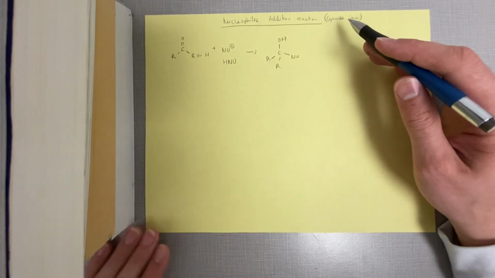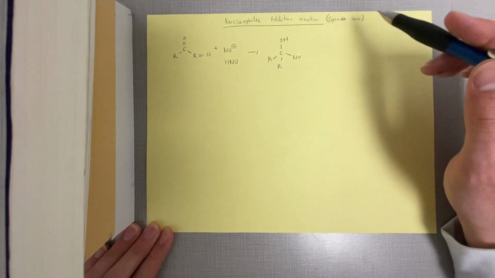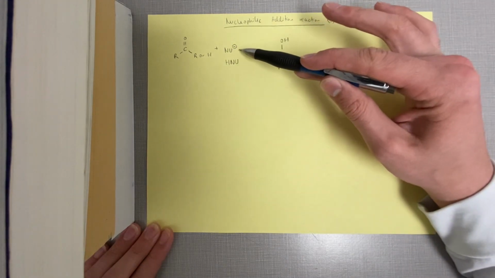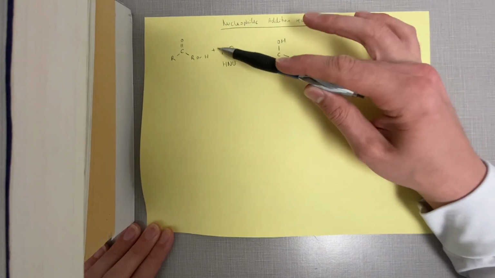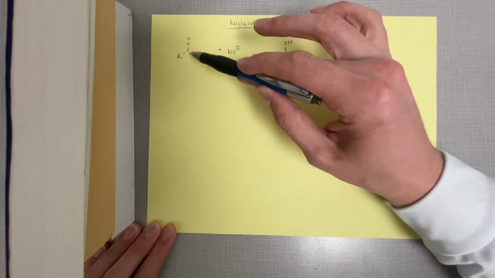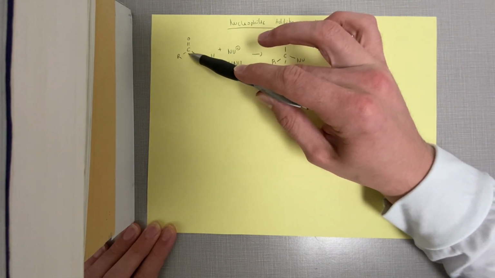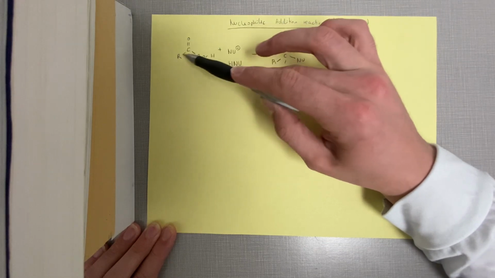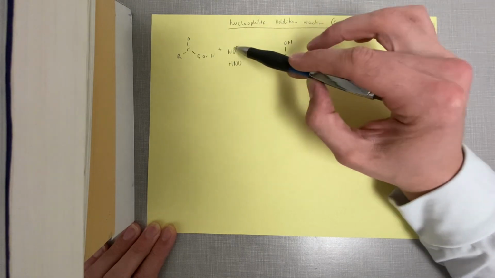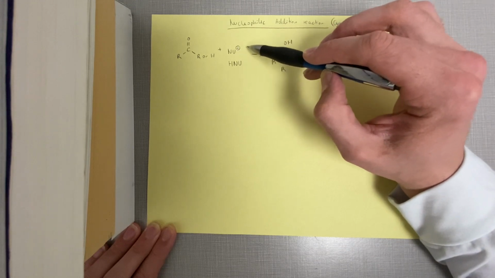All right. So in a nucleophilic addition reaction, there are two possibilities. If you have a strong nucleophile, the first step will be the nucleophilic attack. So the nucleophile is going to attack the electron deficient carbon of the carbonyl group. An example of a strong nucleophile would be an anion or an amine.